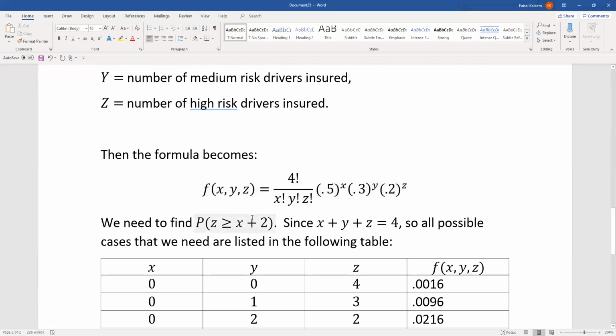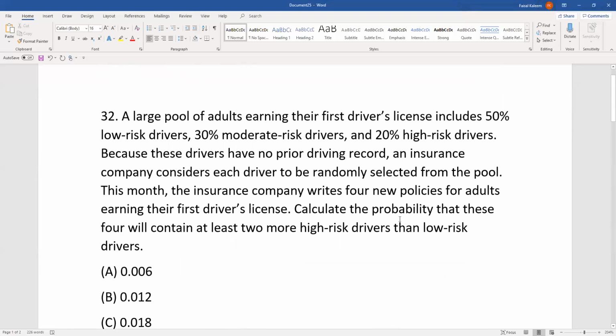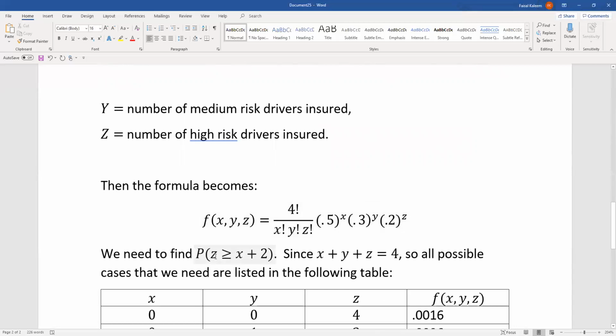Now we need to find the probability that we have at least 2 more high-risk drivers than low-risk drivers. Remember that high-risk drivers were z and low-risk drivers were x. So we want the probability that z is at least as big as x plus 2.